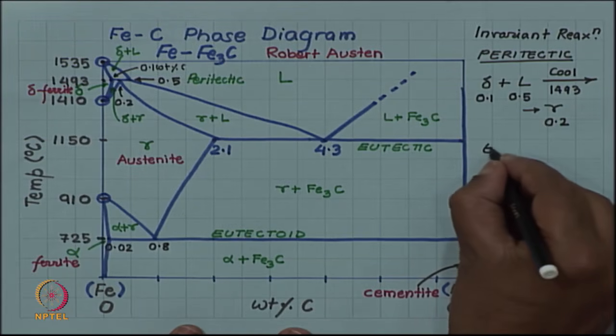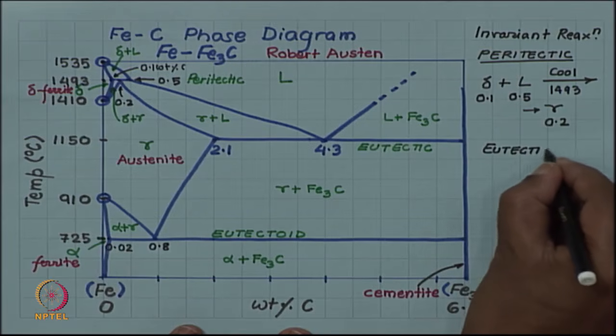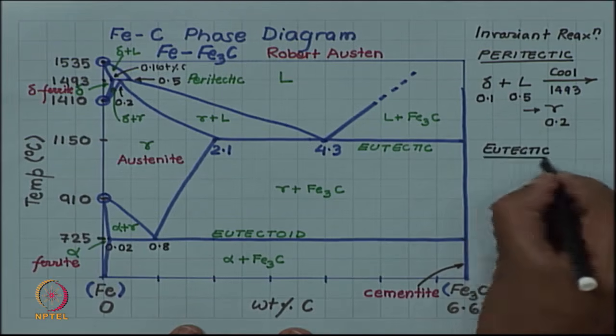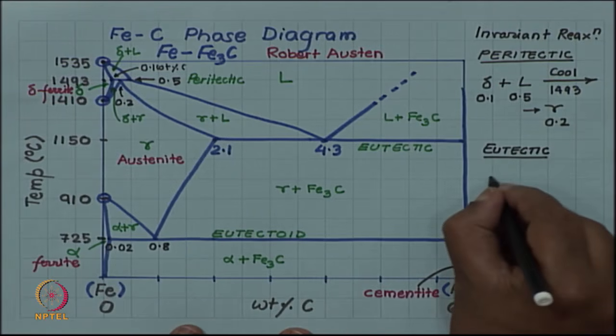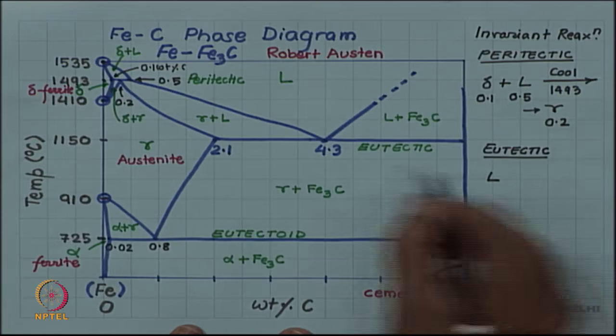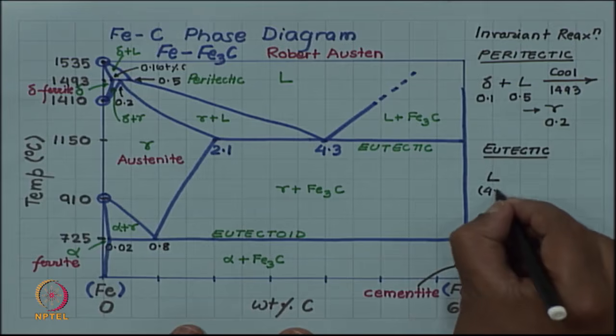The eutectic reaction is happening at 1150. We can write this as liquid. The higher temperature phase is the liquid of 4.3%.